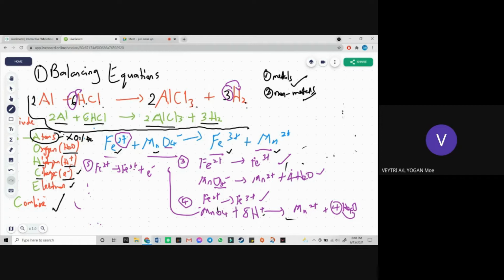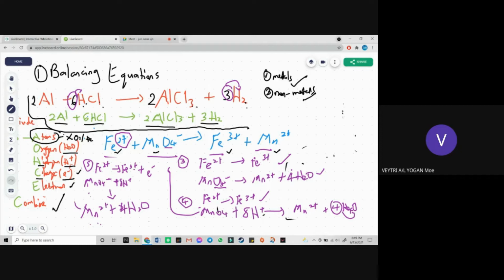Alright, now, let's move on to the Mn, manganese. So we have MnO4- plus 8H+, you will get Mn2+ plus 4H2O. Alright, now.